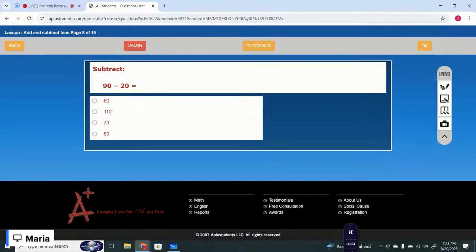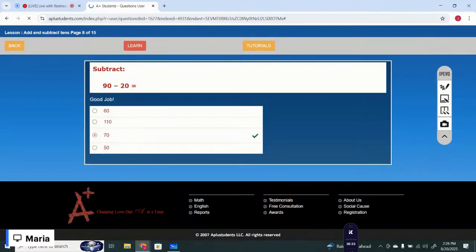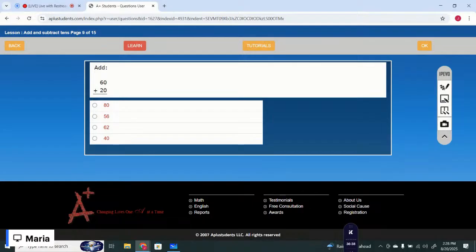Ninety minus 20 equals 70. It is option number 3, the correct option. So 60 plus 20 is that is 80.